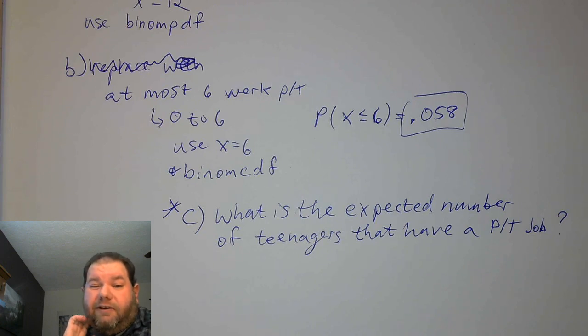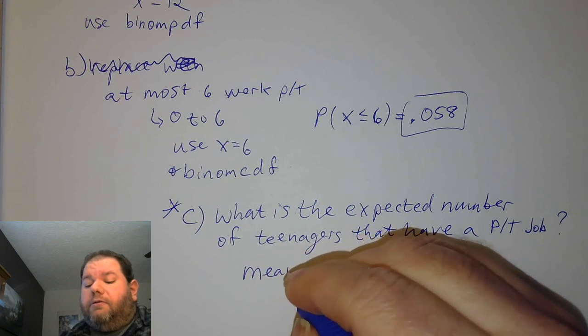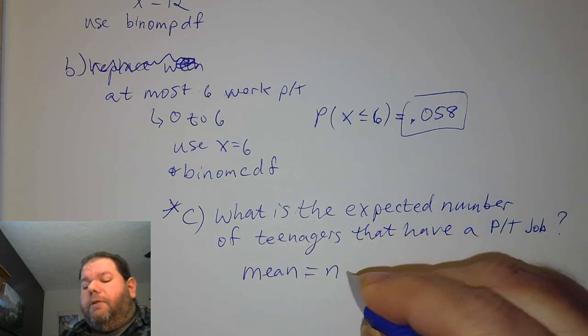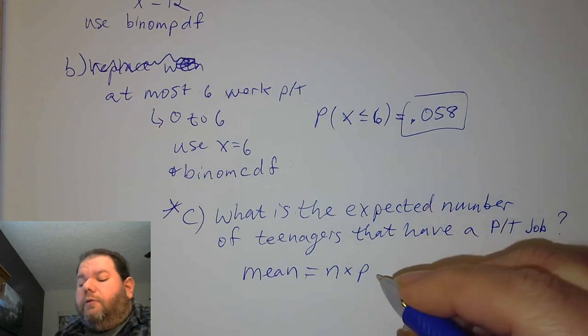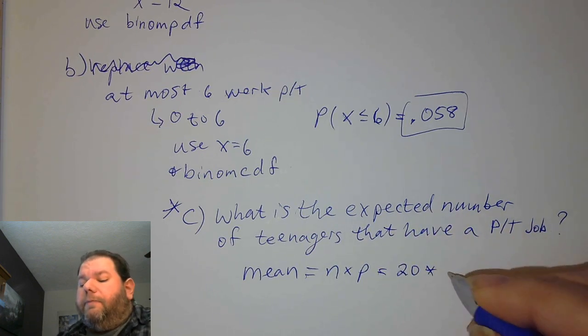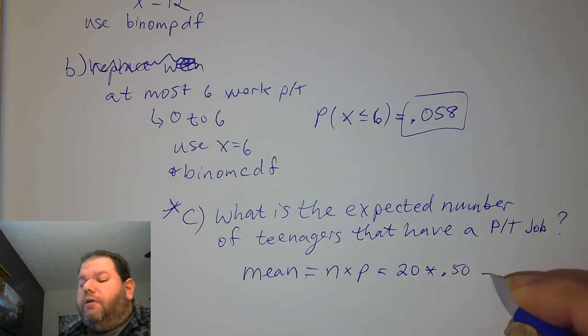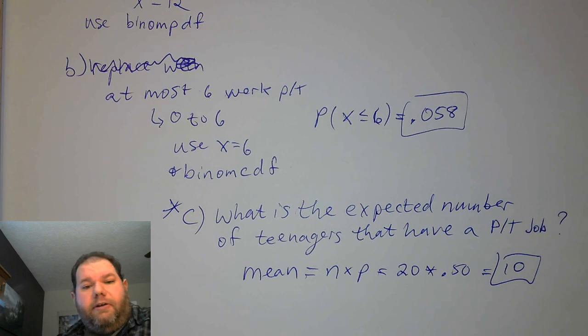Now, expected number basically means we want to find the mean. Okay? And mean is simply n times p. So take n, 20, times p, 0.50, multiply those together, and on average we would expect 10 of the 20 to have part-time jobs. Okay.